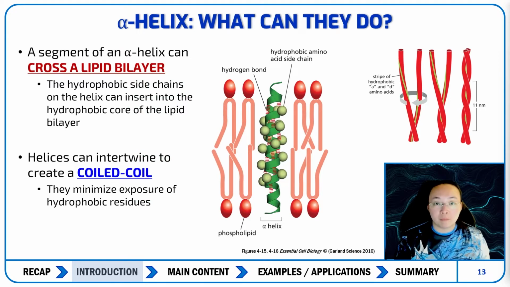So before we talk about beta sheets, let's first wrap up what alpha helical structures can do. First, an alpha helix can cross a lipid bilayer. When we ask ourselves why, it's because it has hydrophobic side chains, which can insert into the hydrophobic core of the lipid bilayer.